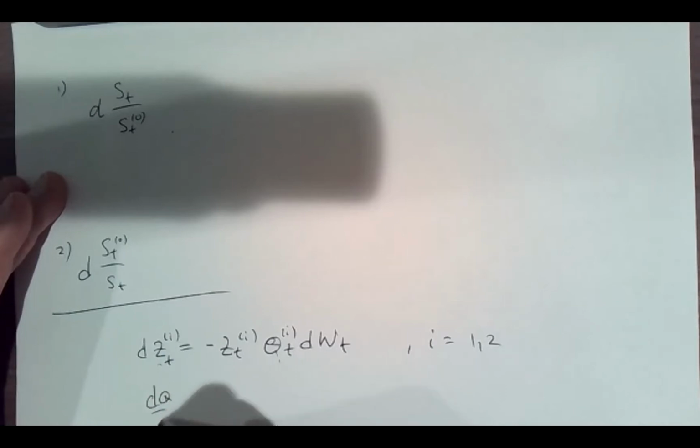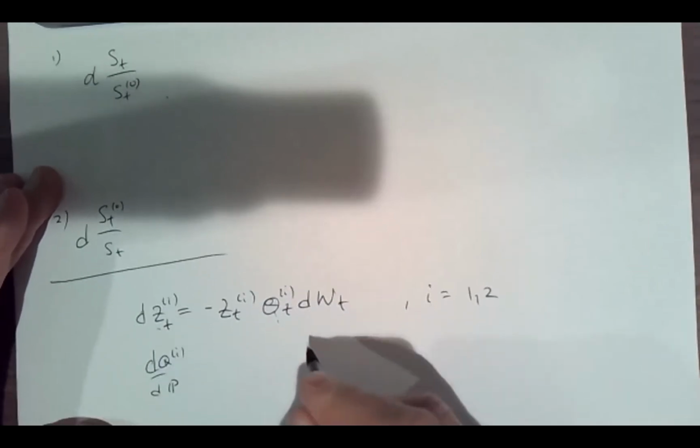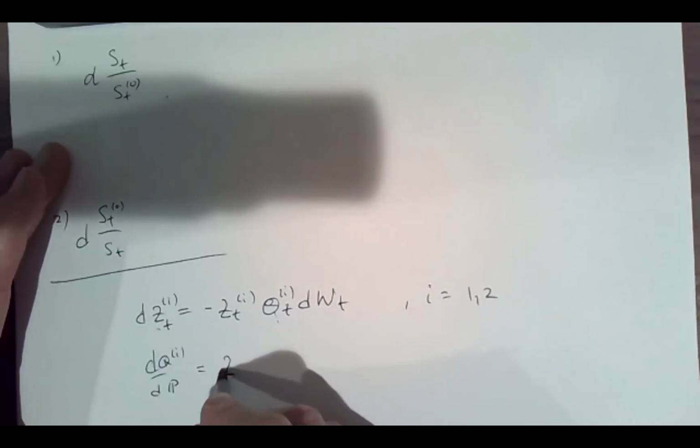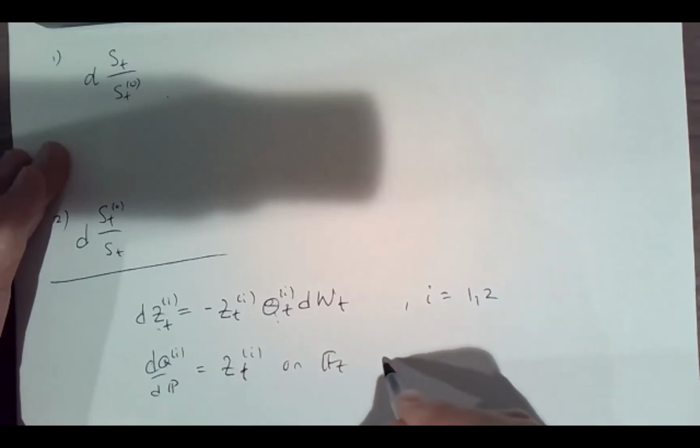What this C here does is that when you're looking at the Radon-Nikodym derivative between Q^i and P, this is going to be equal to C_T^i on F_T.